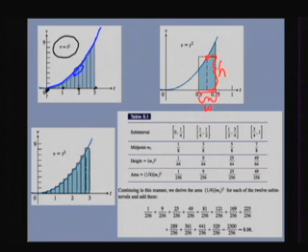And the width of the rectangle is something that we decide by dividing up the total length into a certain number of subintervals. And in this particular case, I did it into 1, 2, 3, 4, 5, 6, 7, 8, 9, 10 subintervals.